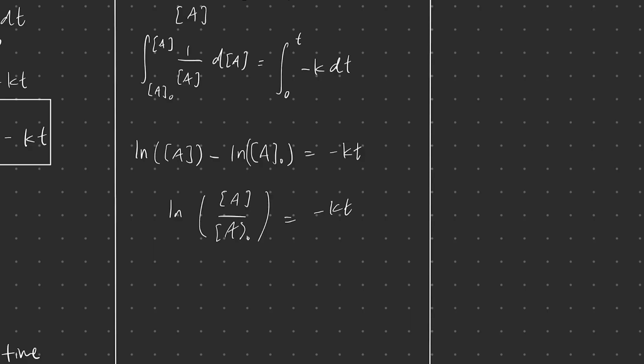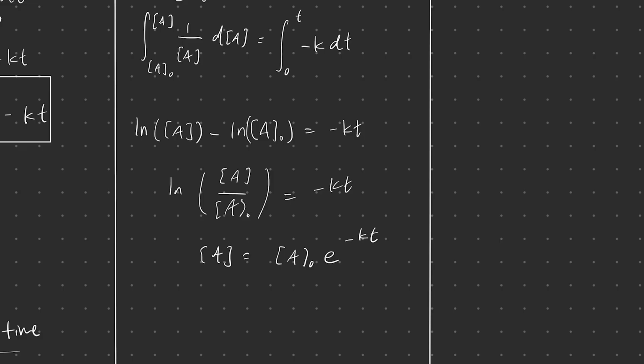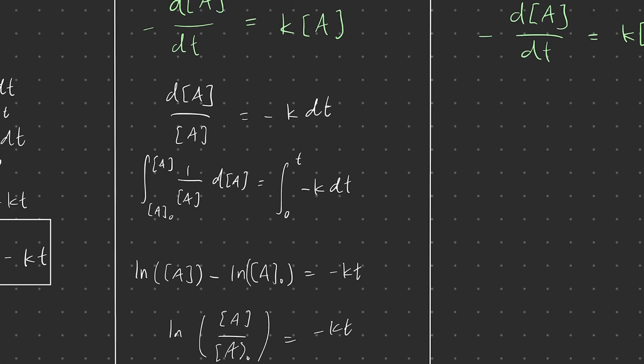And we want to isolate A again. Well, we can raise e to the power of everything on both sides to get rid of the natural log, and this gives us, since e and the natural log cancel out, A is equal to A naught times e to the negative kt. I just raised it and then moved A naught to the other side, and that's our expression for the first order integrated rate law.